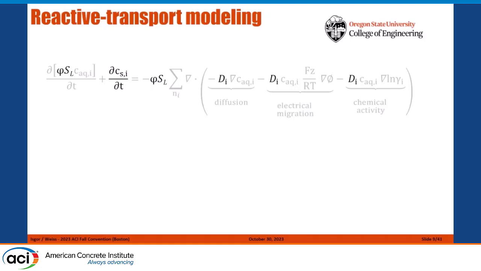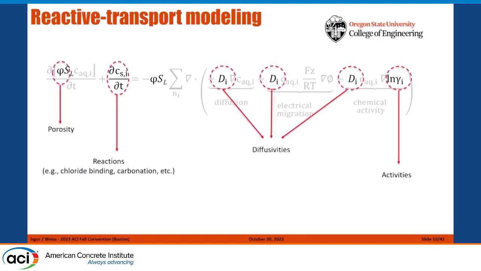Again, I intentionally blurred out some of those things here because my intention is not to talk about this. My intention is to talk about the type of input that you have to provide into these models. For example, to solve that partial differential equation using the finite element method or finite difference method, you have to have experimental data on the system that you are modeling.